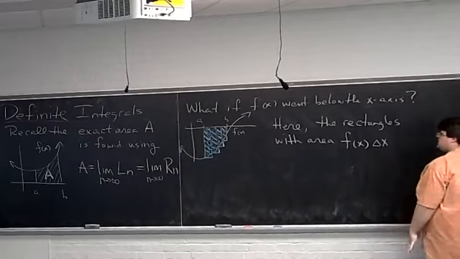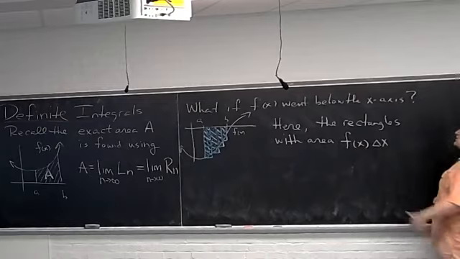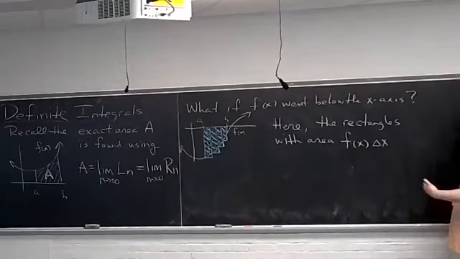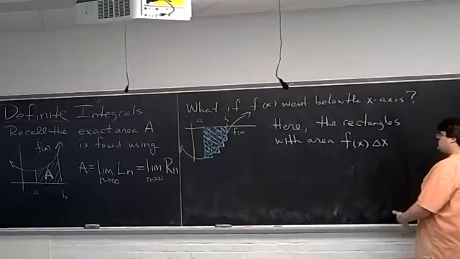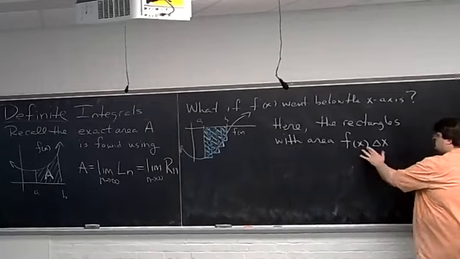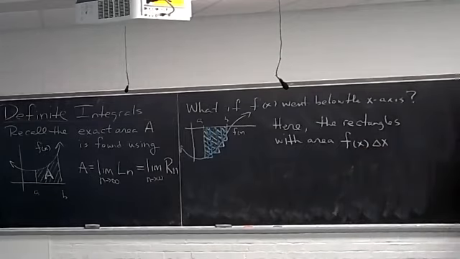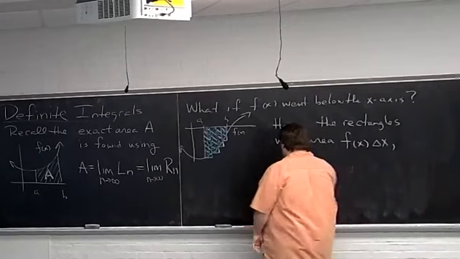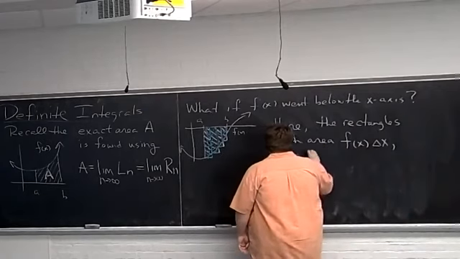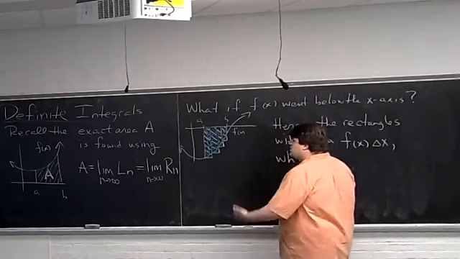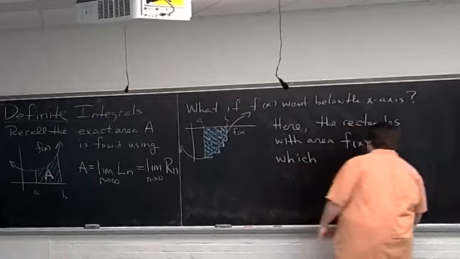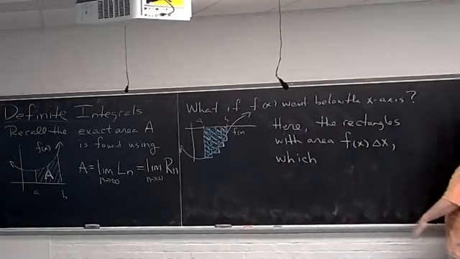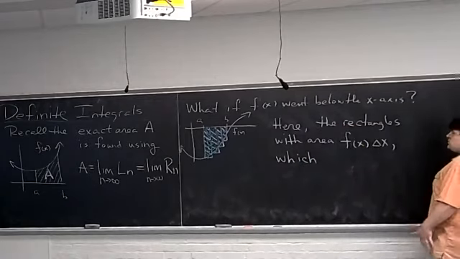The x-axis piece times the function. The rectangles have that area with our interpretation of that approximation, but notice f of x is negative. So in our approximation that we did, these rectangles below the x-axis are going to contribute negatively.